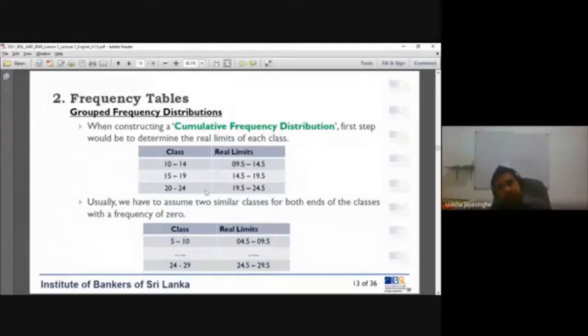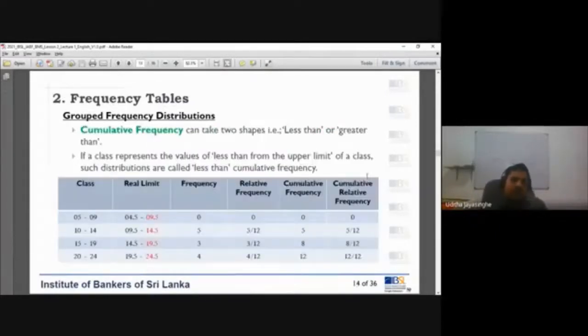Similar class widths, with a frequency of 0. This is the first step of moving ahead with the cumulative frequency distribution. Then, the point we discussed a moment ago, 9.5, 14.5, where it is going to be.